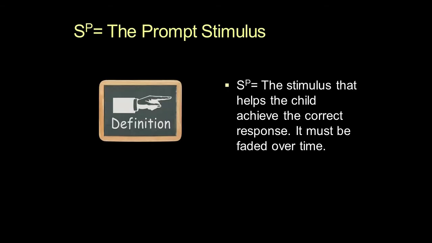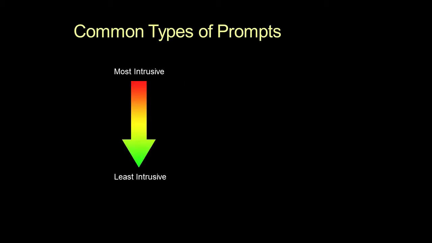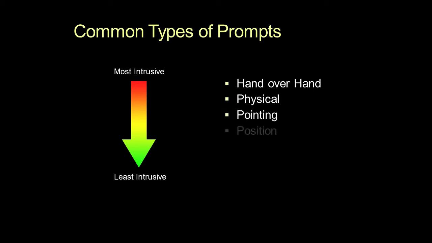SP, or prompt stimulus. It's a stimulus that helps the child achieve the correct response. It must be faded over time. Some common types of prompts include hand over hand, physical guidance, gestures like pointing, physically modeling the response, positioning the item closer to the child, verbally modeling the response for the child, emphasizing through the use of inflection some important aspect of the SD like "stand up," and phonemic prompts.